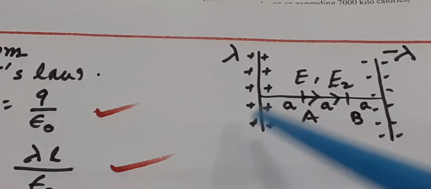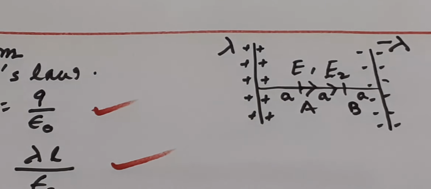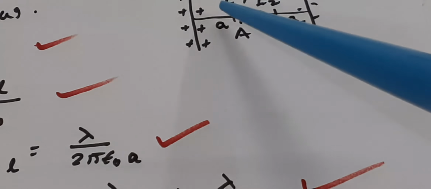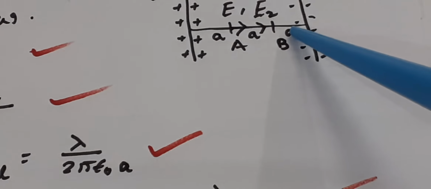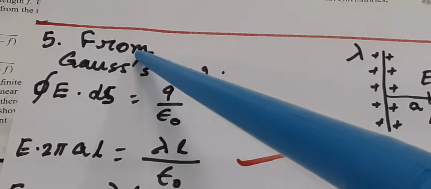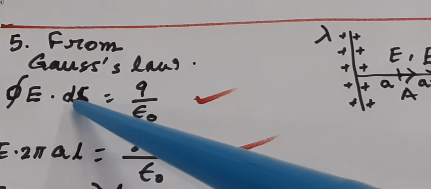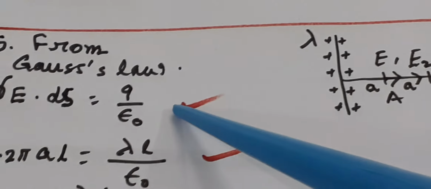As it is explained here, E1 will be towards the AB direction. Similarly, E2 will be in the same direction, and the distance between them is thrice A. From A to B, distance is A. Now, from Gauss law, we can solve this. That is, closed integration E dot ds equals Q by epsilon naught.